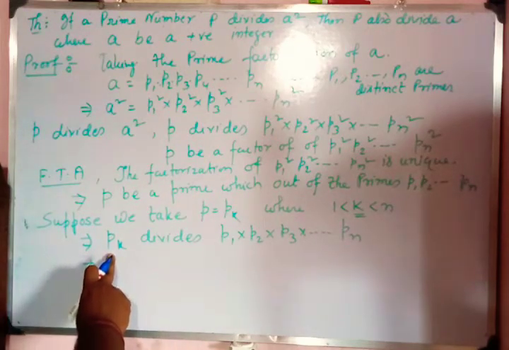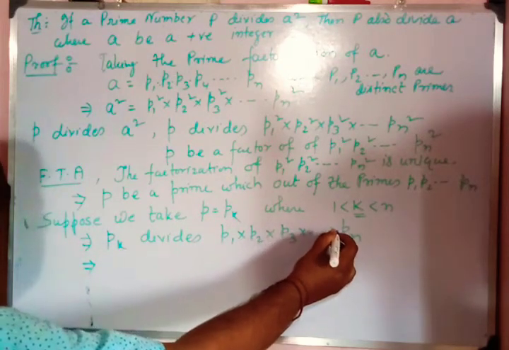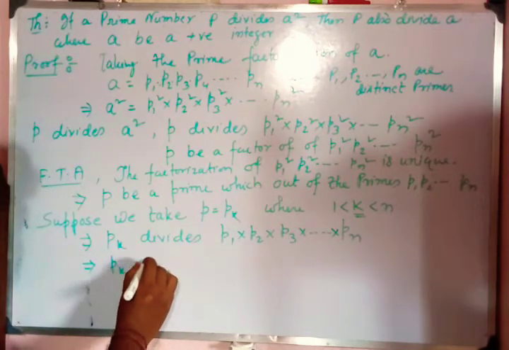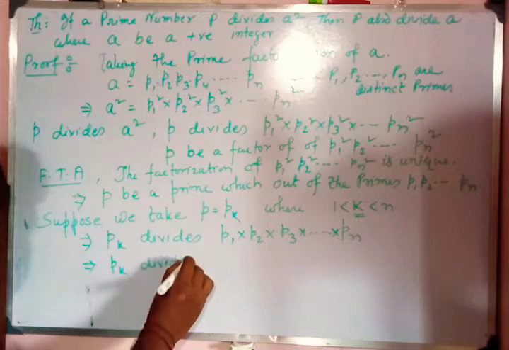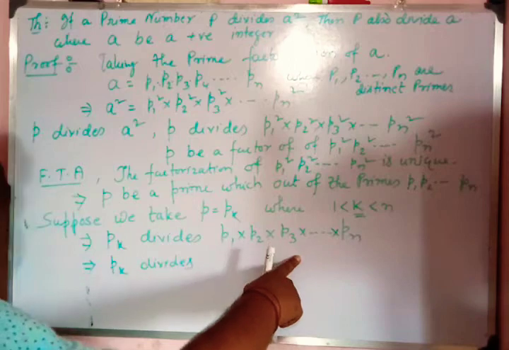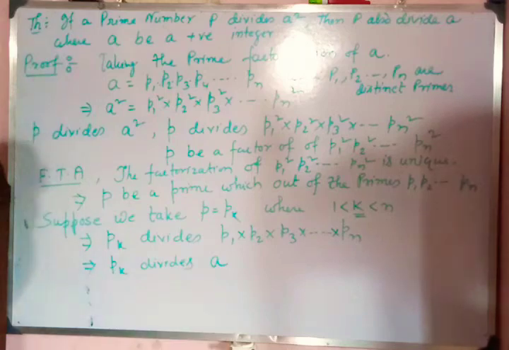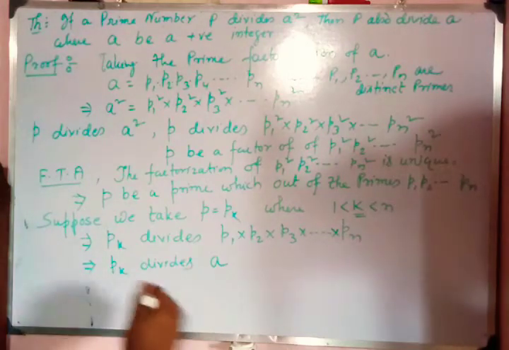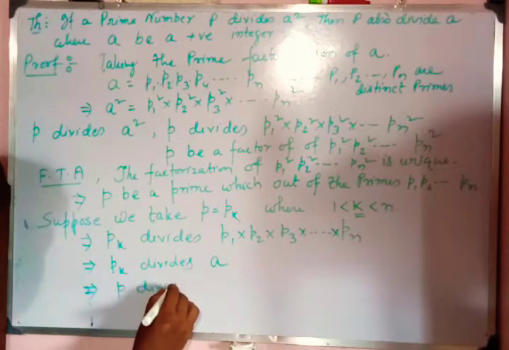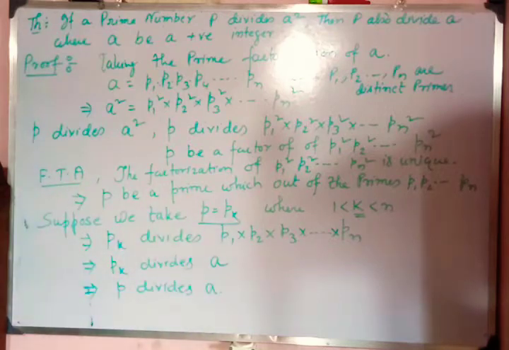Since Pk is one of the values between P1 to Pn, hope you understood. That's implying Pk divides A. Now, this value equal to A, Pk divides A. Now that's implying P divides A, as we are considering P equal to Pk.